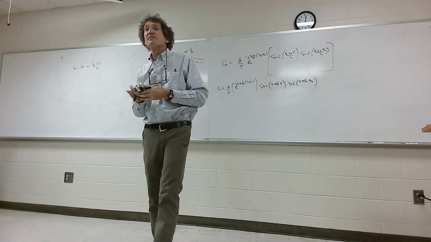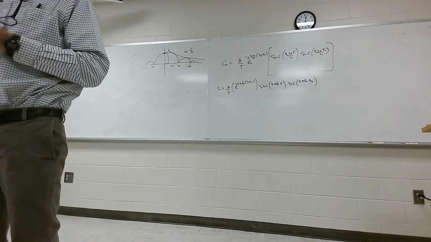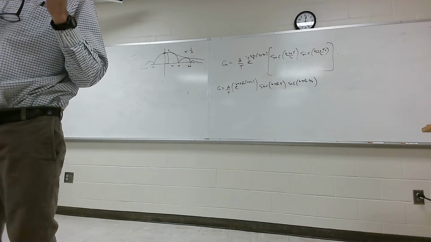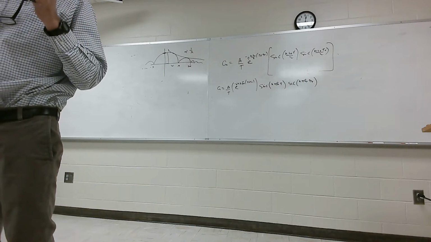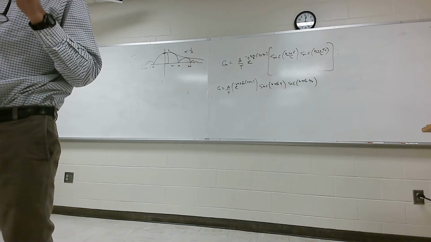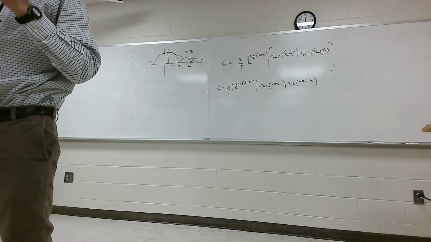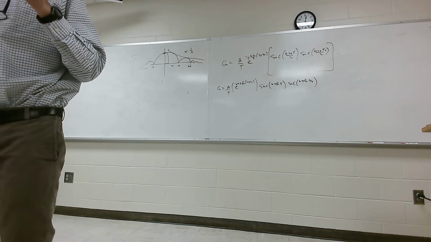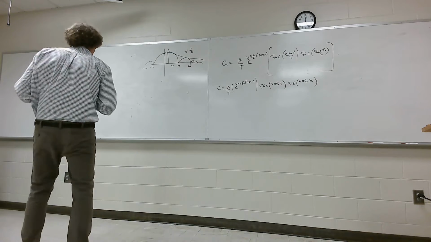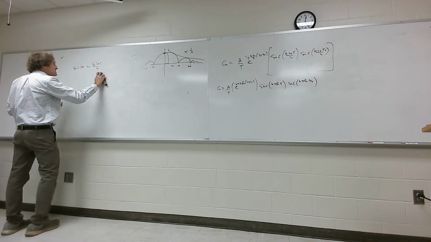You're familiar with the envelope of a waveform? When you take an AM modulated waveform, you have something very slowly varying multiplying a very high frequency carrier. The envelope is where the maximum value is. Our envelope is basically 1 over x.